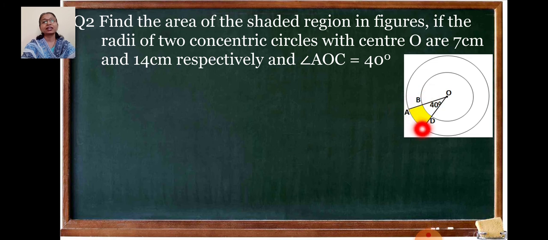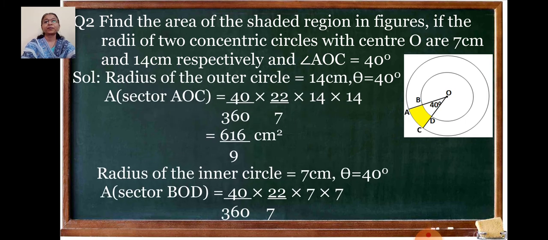From the bigger sector's area, we will subtract the area of the smaller sector, so that you will get the area of the shaded region. Right? So let us proceed. Radius of the outer circle is 14 centimeter. Central angle theta is 40 degree.